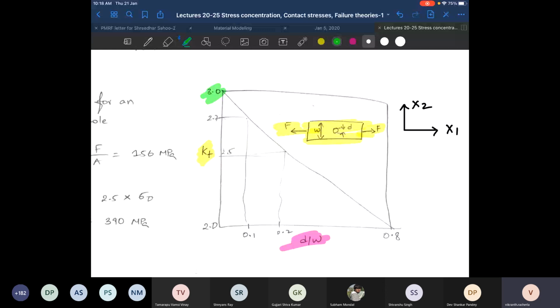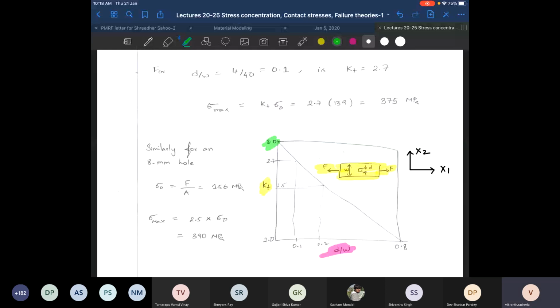Now, once you plug in the numbers, what you will find is that for the case when the hole diameter is 4 millimeters and width is 40 millimeters, d by w is 0.1.